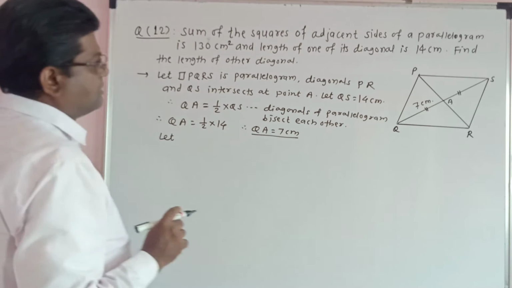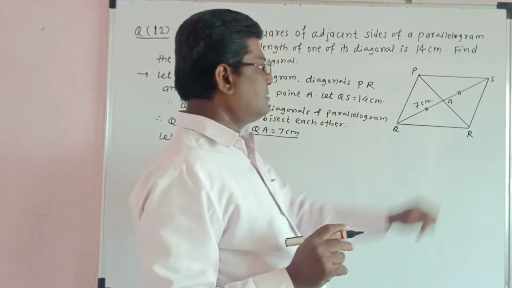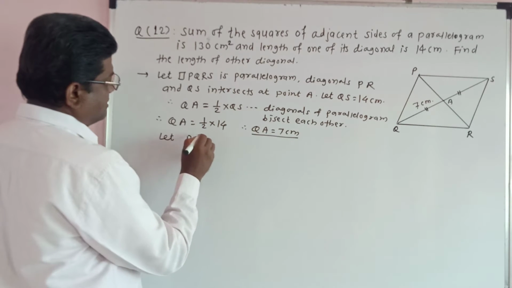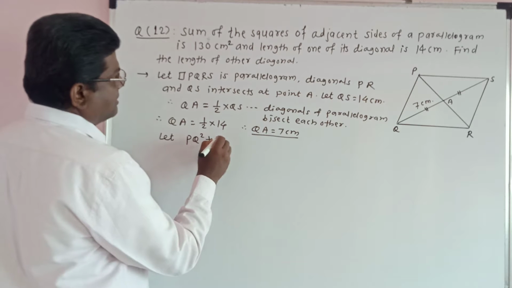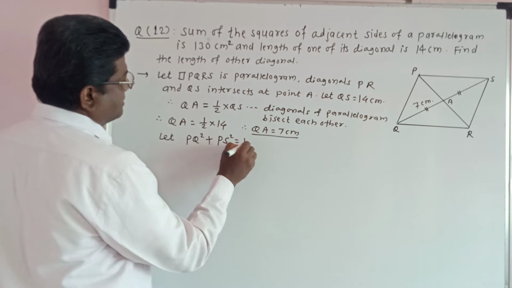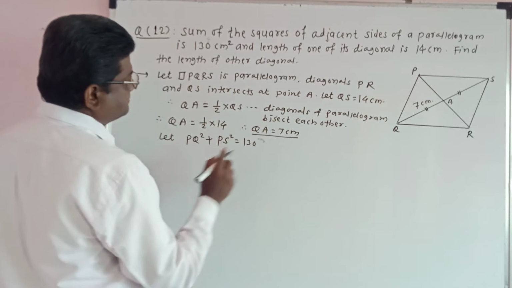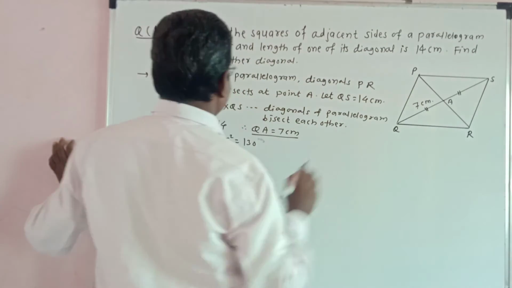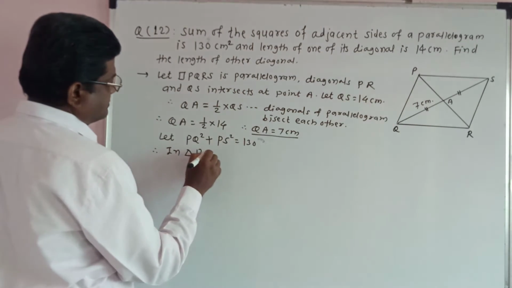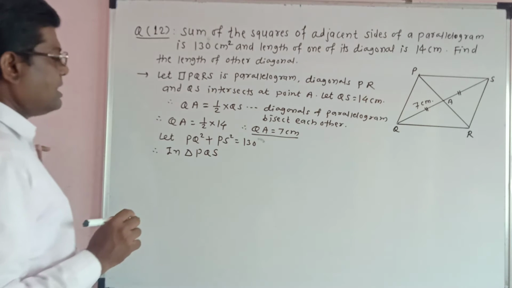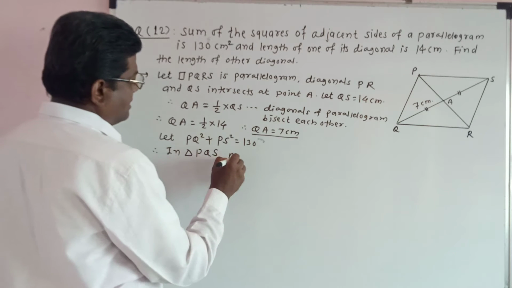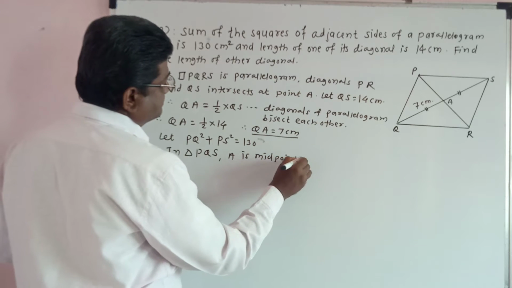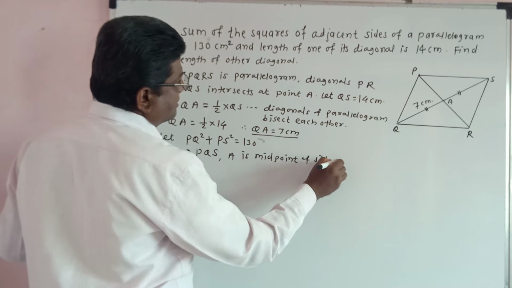Let PQ square plus PS square is equal to 130. Therefore, in triangle PQS, A is midpoint of side QS.